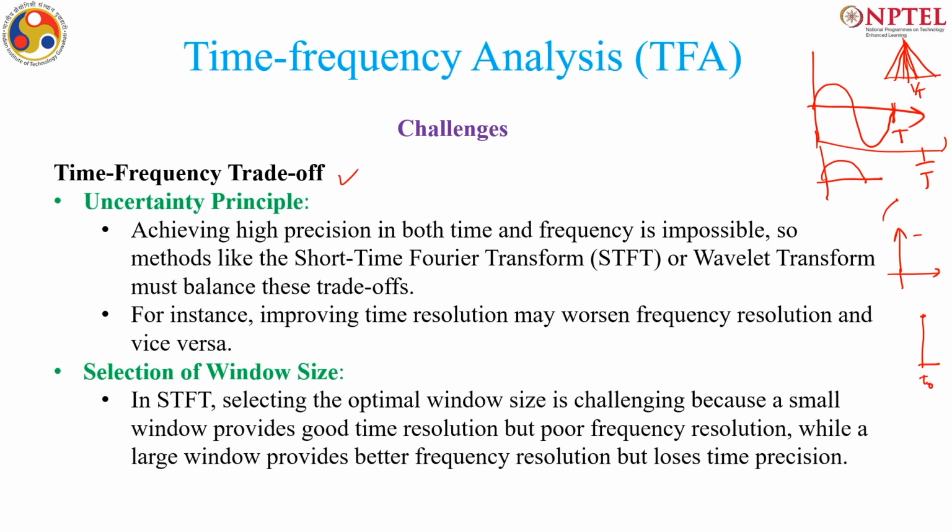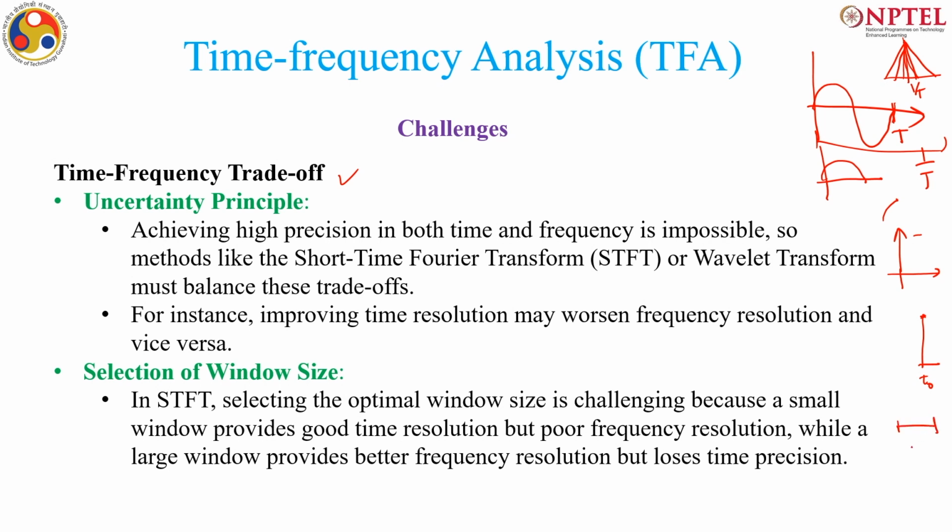So, if I am very precise in frequency, that exactly tell me 50 hertz is present, then I have to go the entire time from minus infinity to infinity. And if I want to say that okay, at t equals to 5 seconds, what is the frequency? I do not know, I am absolutely clueless. So, there is a trade off between time and frequency.